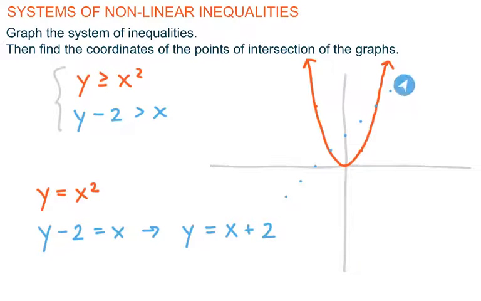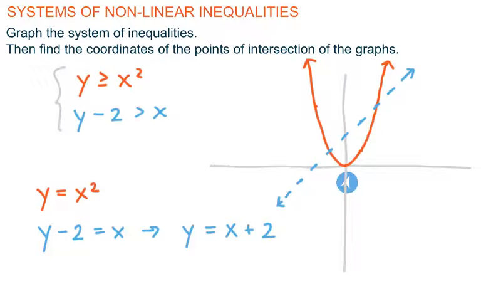So that line is going to be traveling through these dots. And since this does not have an equal to, we need to make sure that when we graph this, we use a dashed or dotted line to indicate that we can never touch this boundary. So here is our system, both graphed on the same plane.